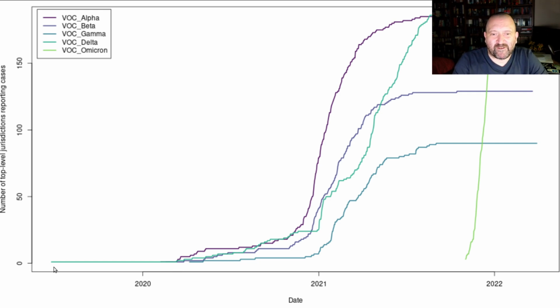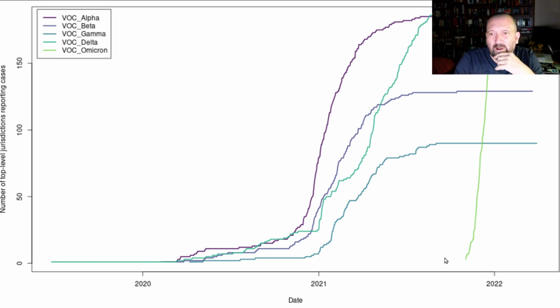variant that's spreading. So this is showing you as a function of time the variants of concern. These are not the only variants that were spreading, but they became dominant at some point in the spread. And this is the number of jurisdictions, again top-level jurisdictions, reporting cases of the different variants. One remark: you can see that this is Omicron, that came in late 2021 and is still ongoing.